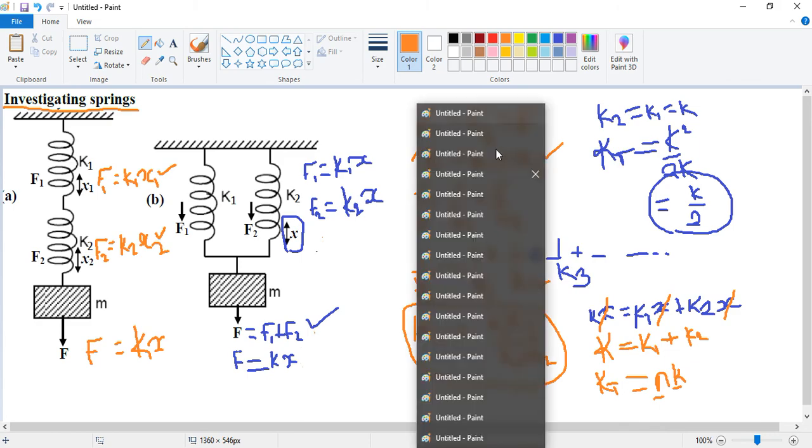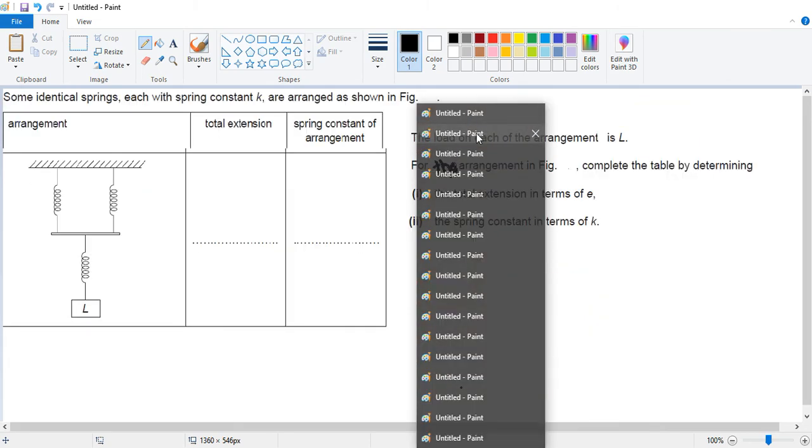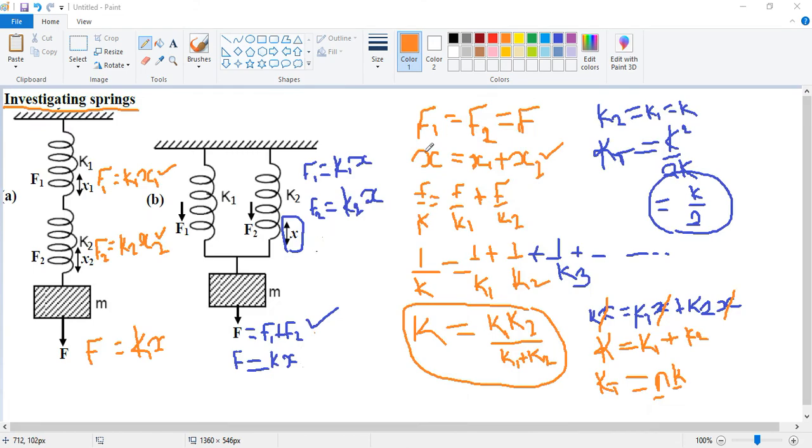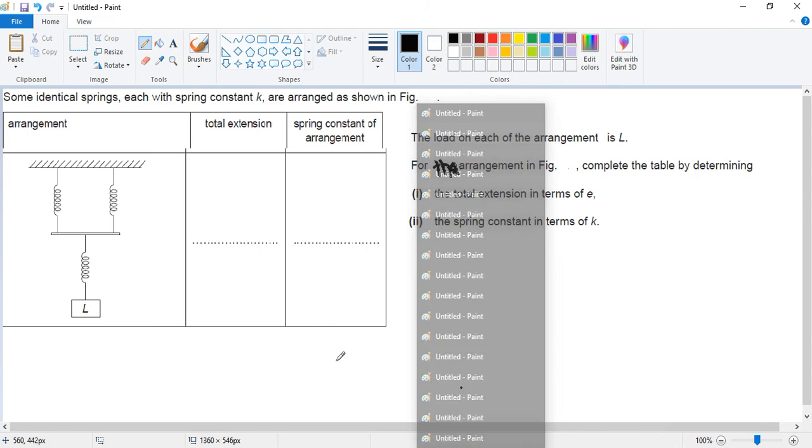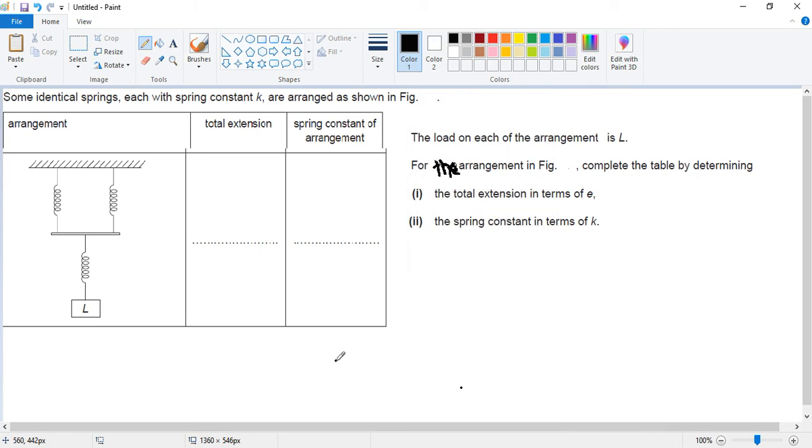Let's see one example. In this example, some identical springs, each with a spring constant K, are arranged as shown in the figure.